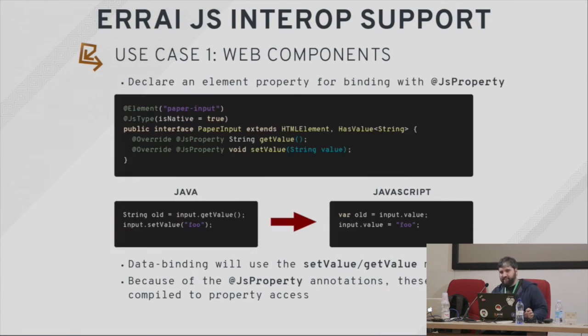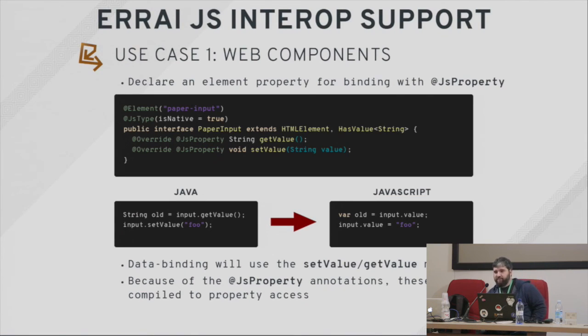So if we override those methods in our element wrapper and use a little bit of extra JS interop, we can actually specify how to bind to this paper input element declaratively. You can see this is the final version of this paper input wrapper, taken directly from Errai's tutorial project.